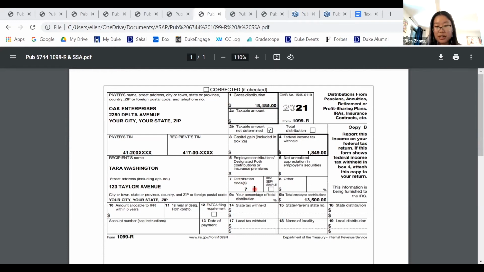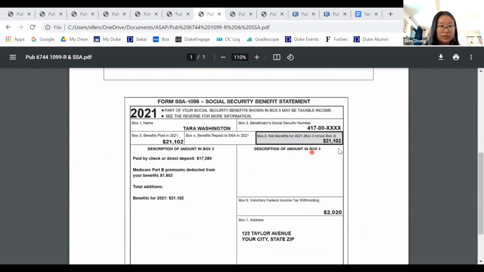That means your retirement savings are fulfilled, you've reached the appropriate age, and now you can take a normal distribution, no penalties at all for early withdrawals. And an additional box down here, 9B, any employee contributions to your retirement benefits. That's a basic 1099R. We're going to move down to an SSA 1099.